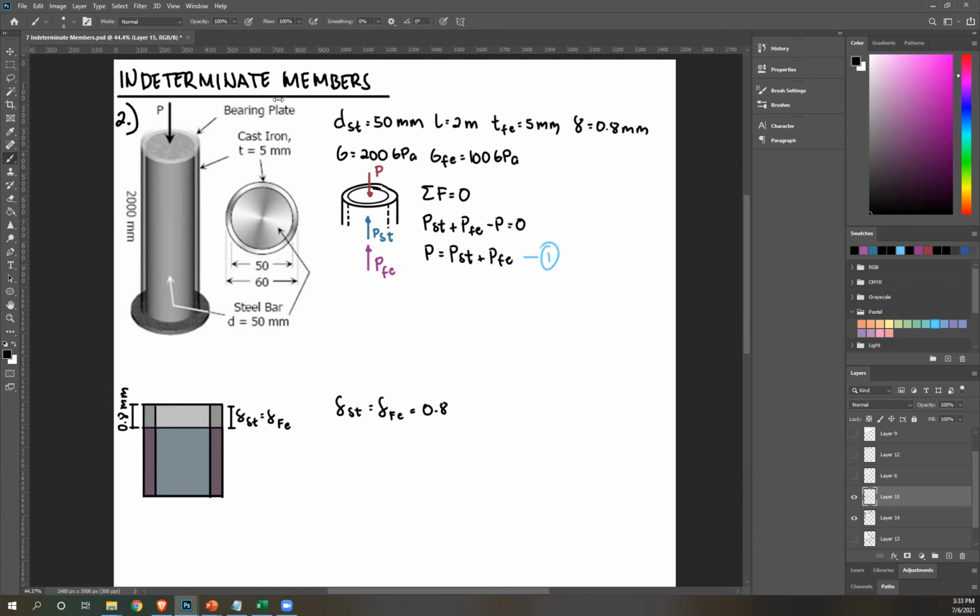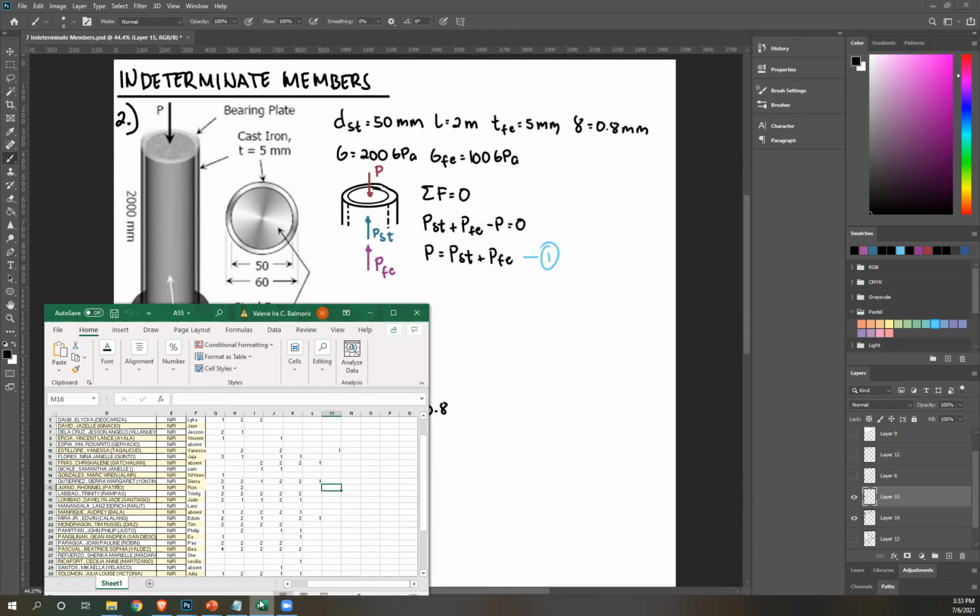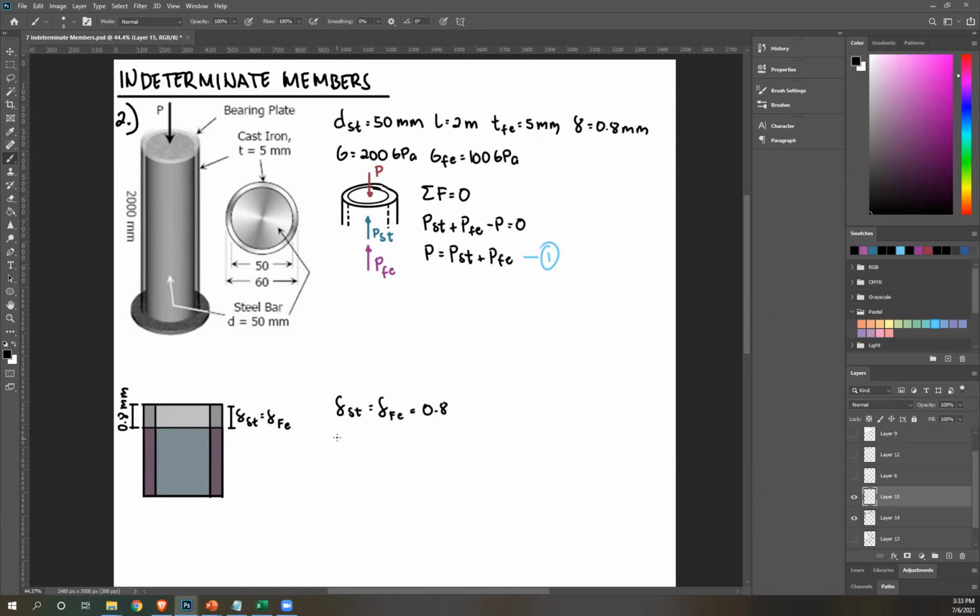Very good, Sierra. PL over A. So PL over AE of steel equals PL over AE of iron, and it's equal to 0.8.